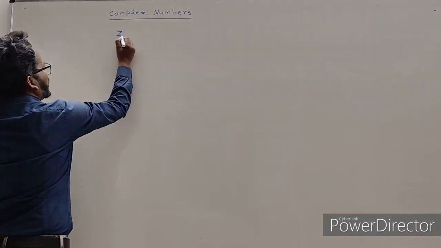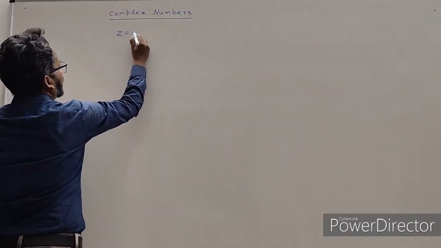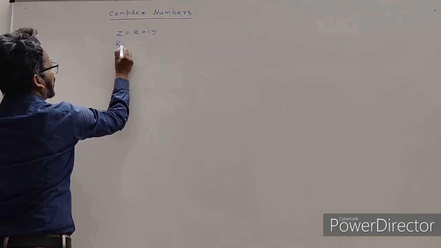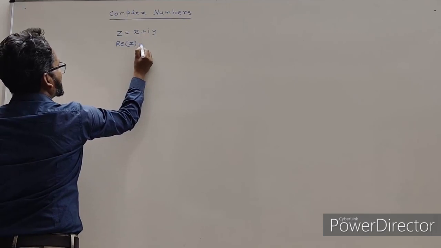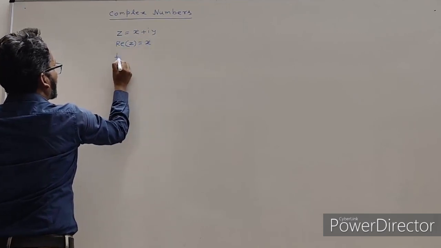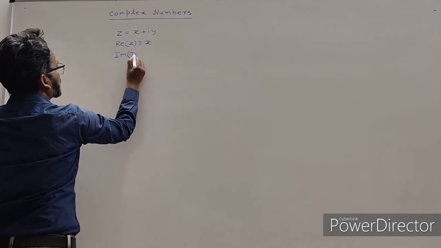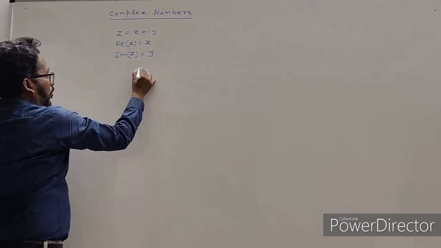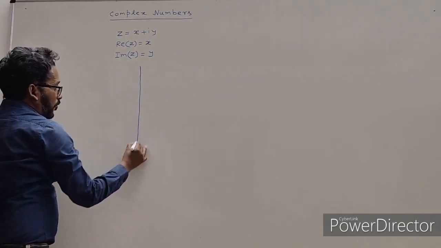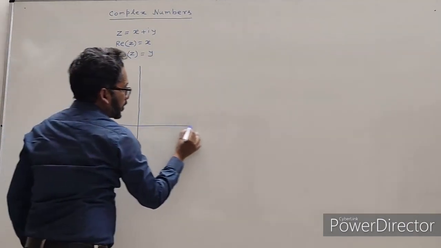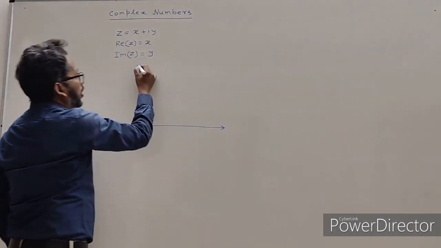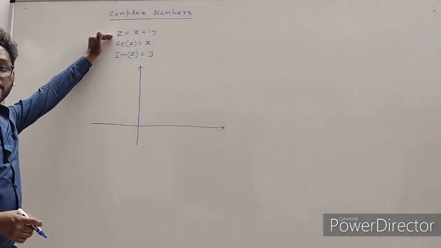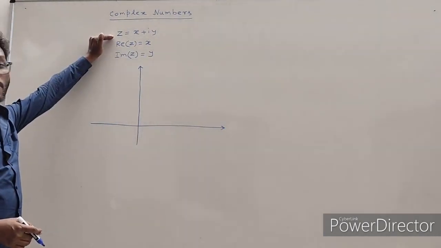We have already said that we denote a complex number in the form x plus iy, where the real part of z is x and the imaginary part of z is y. So now, for any complex number z, we can plot that on a graph paper. That point which corresponds to z should be x comma y.